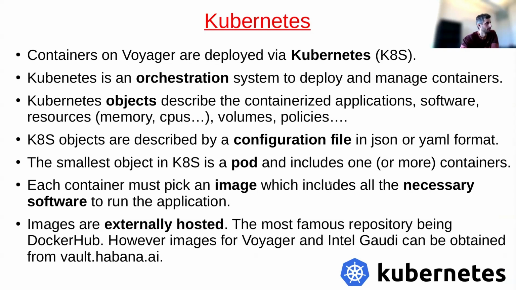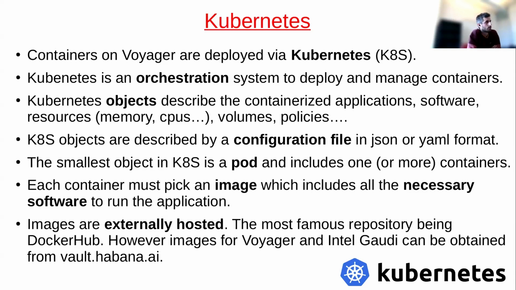Okay, you have a container, so then what? You can deploy them with Kubernetes. Voyager uses Kubernetes as some kind of a scheduler. Kubernetes is an orchestration system, so you can manage containers using Kubernetes. And in Kubernetes, you have objects.